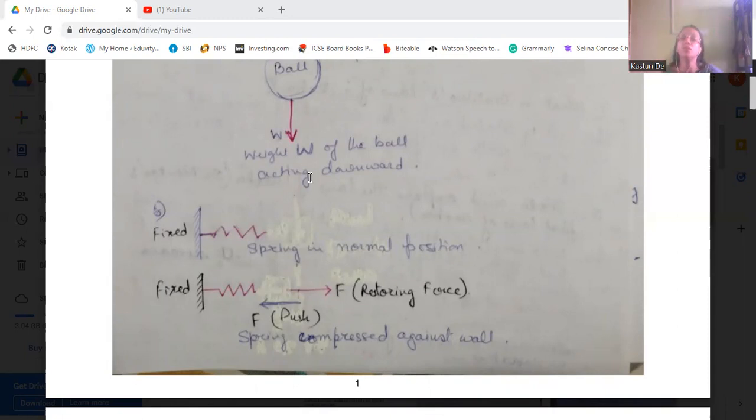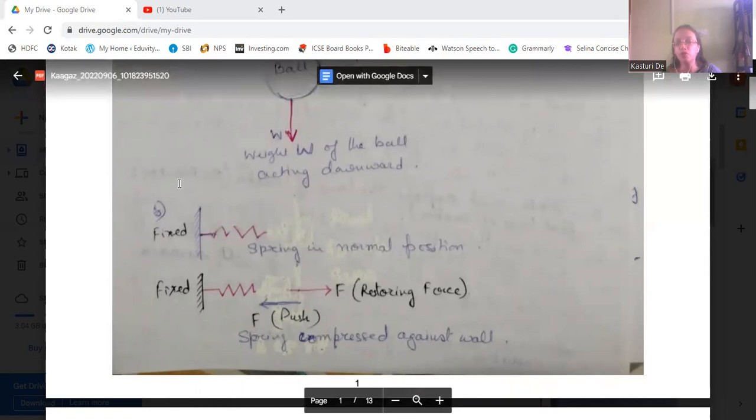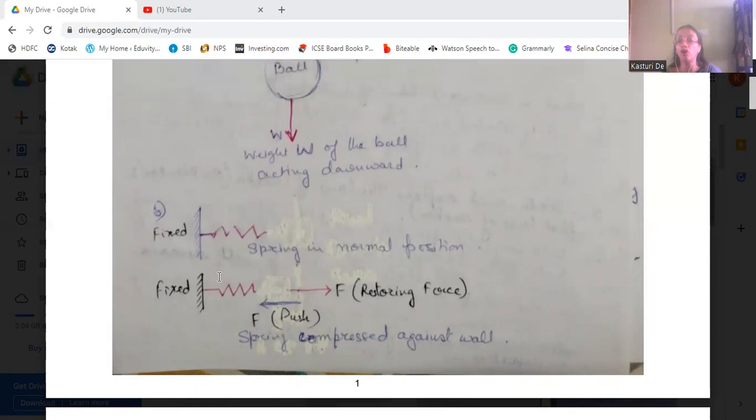Okay. So the force will be like this. It will be a push force which is acting on the spring, making the spring compressed. And there is another force acting on the spring, that is restoring force, that will help the spring to restore its original position.